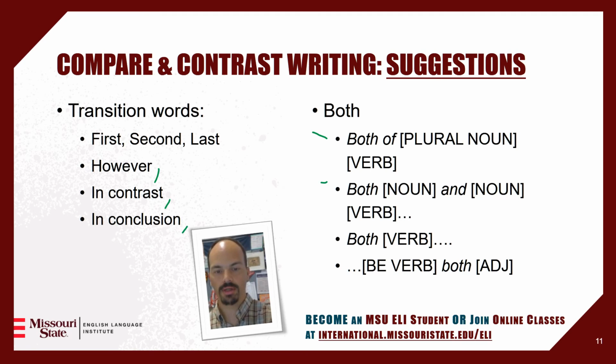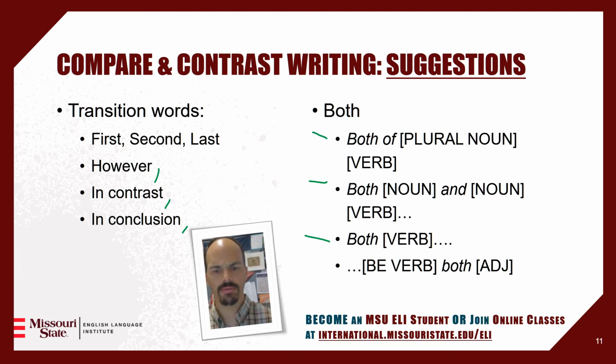The other option here is both noun and noun followed by a verb. Both Sarah and John, both Tom and Sue, both the car and the dog are in the house, near the house. Both the car and the dog are new.